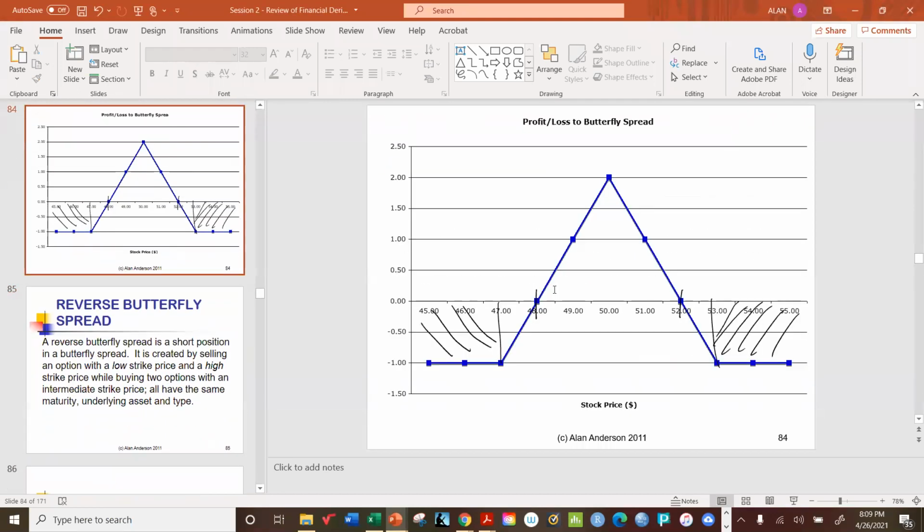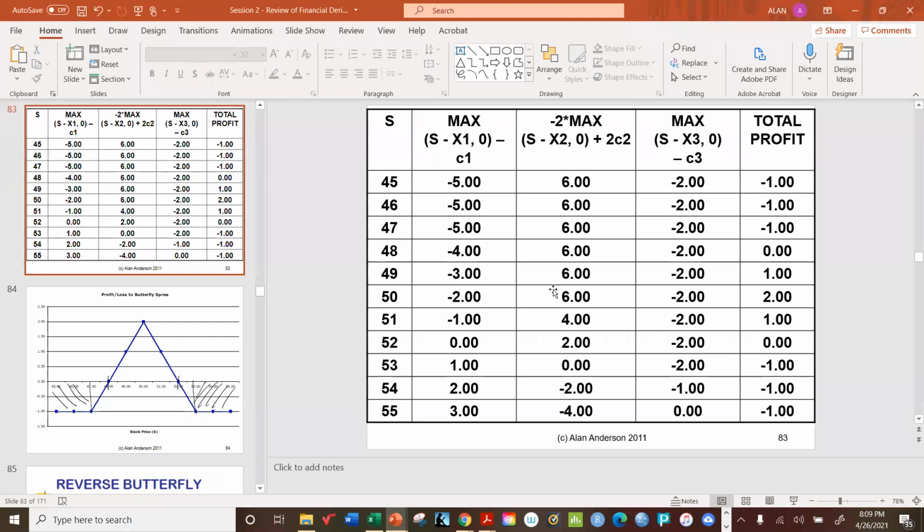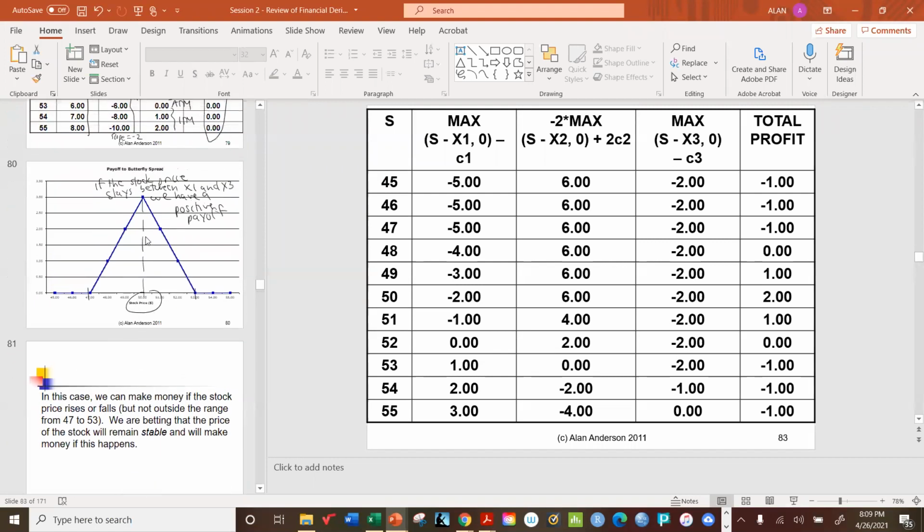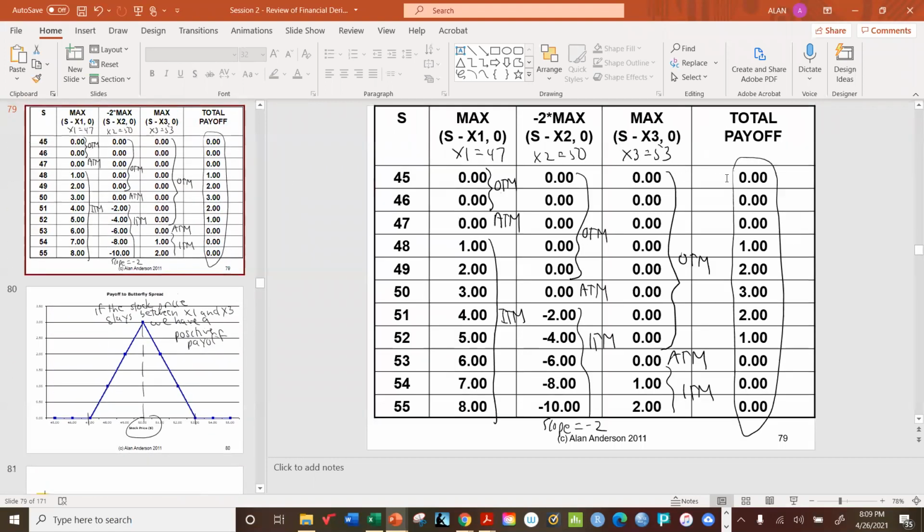Now, what if we have the opposite outlook? By the way, here's the chart where I calculated this position. I put in all the option prices, but remember, the total cost of this position is $1. So really, all you have to do to convert the payoffs to the profits is subtract $1 from each payoff.